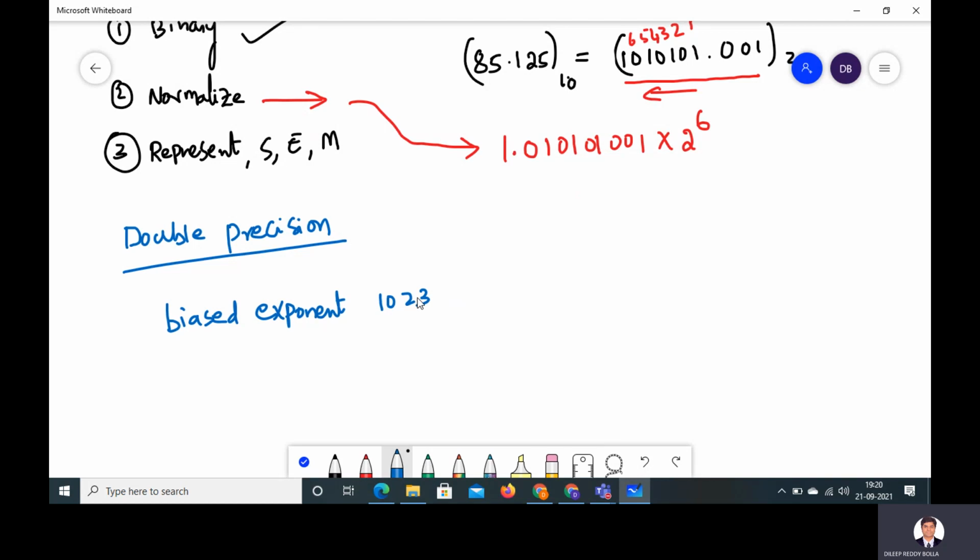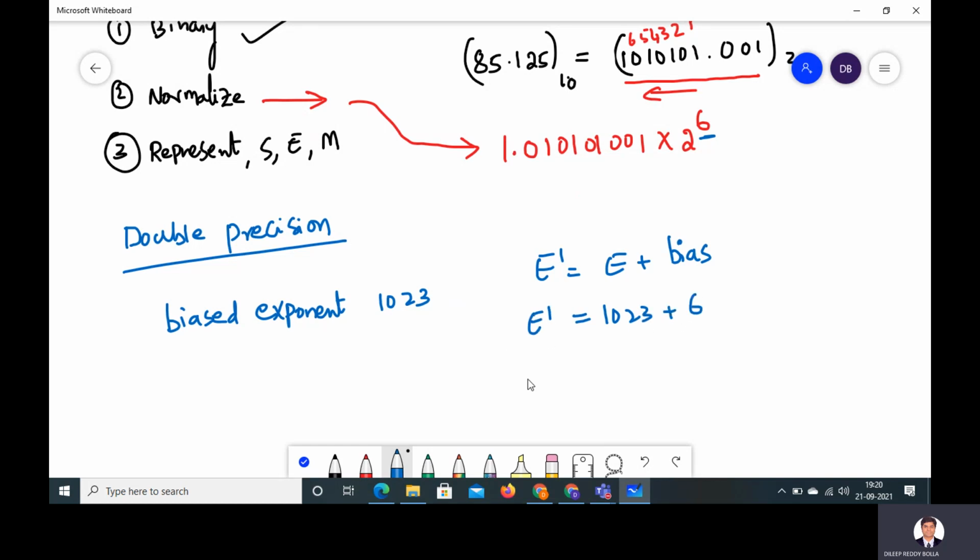I'll give you a formula: E dash equals E plus the bias. For example, here 6 is the exponent, so the biased exponent is 1023 plus 6.